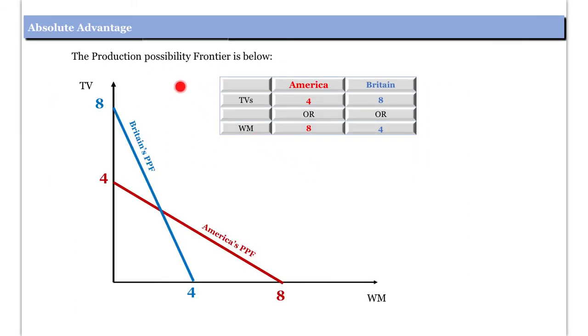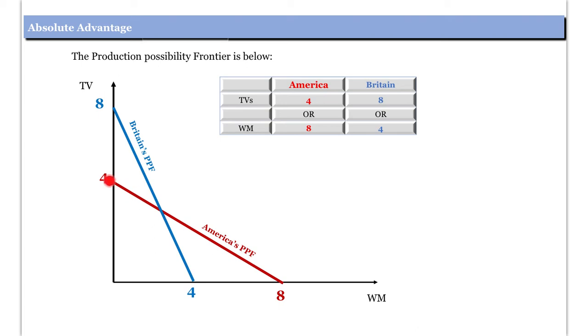Okay, so this is the slide, as I say, which shows this clearly, I hope. America is the red line here. With all of their factors in the television industry, they could produce 4 TVs, or they could produce 8 washing machines. They can't produce both of those. They can't do 4 TVs and 4 washing machines up here. There is an opportunity cost.